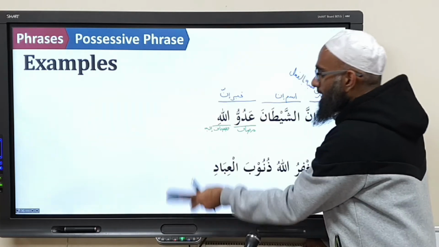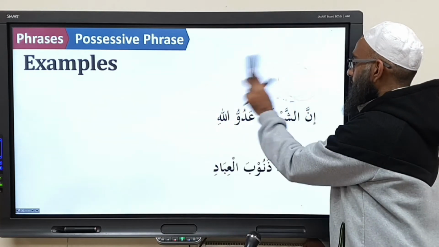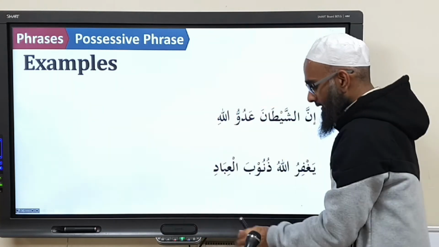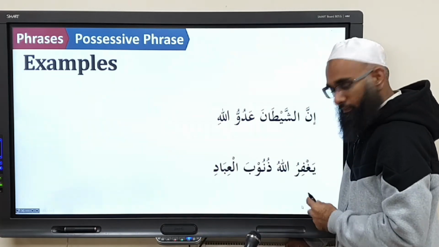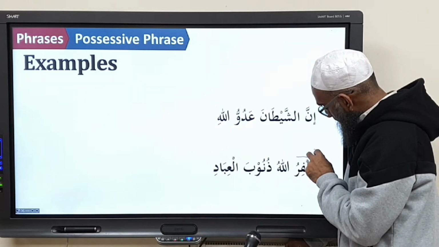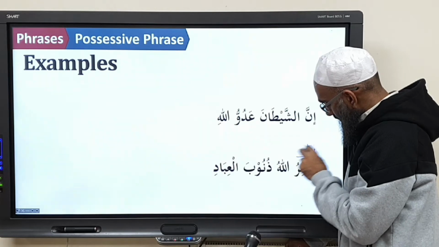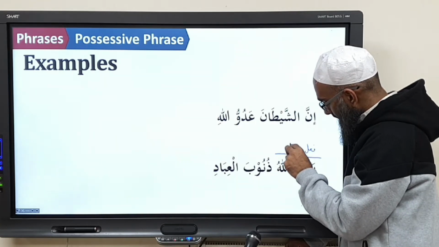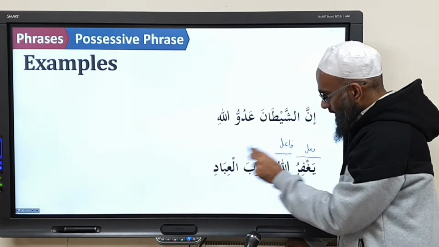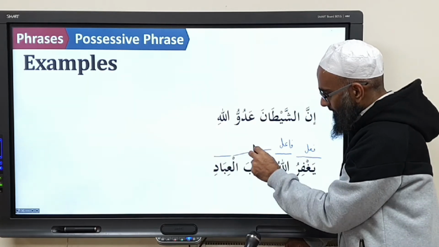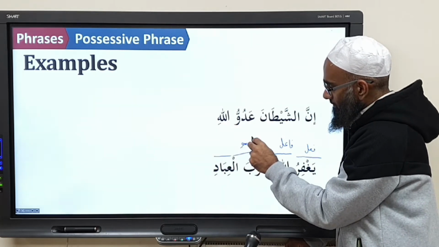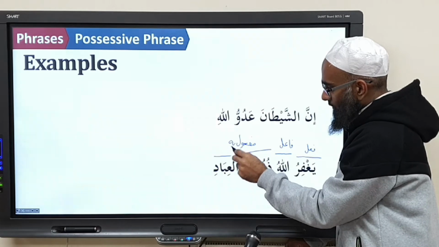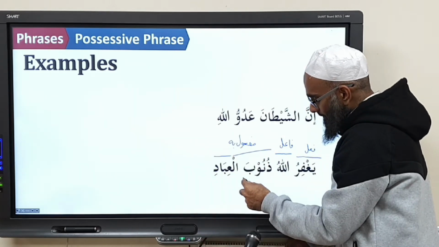Yaghfirullahu dhunubal ibadi. Yaghfirullahu dhunubal ibad. What's the tarkib of this? Yaghfiru is the fa'il. Lafzul jalala is the fa'il. Dhunubal ibadi is the maf'ulun bihi, which is one word or more than one word?